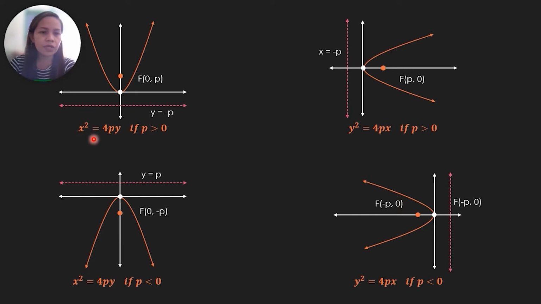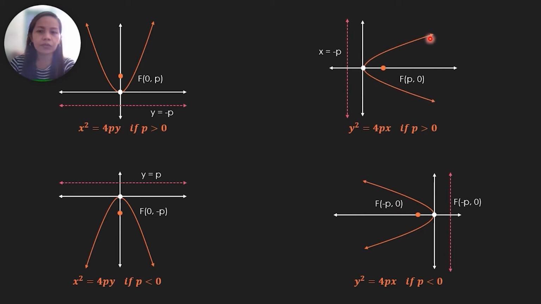Kung ang imong x squared equals 4py is positive, that means your p is positive value. And it will open upward. Now, if your x squared will be equals to negative 4py, this means your p is less than 0, and mo na'y mahitabo, mag-open siya downward. Now, it will open to the right side, no?